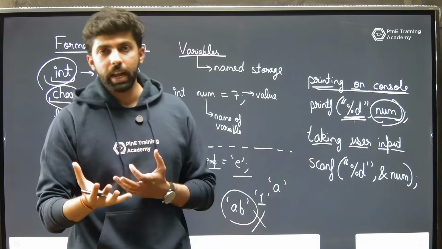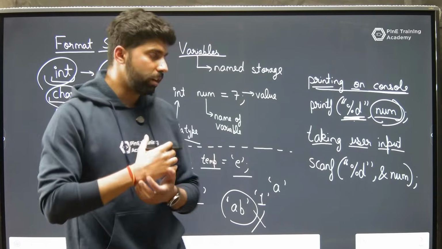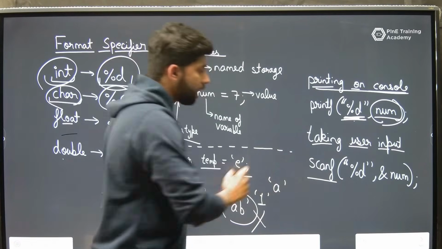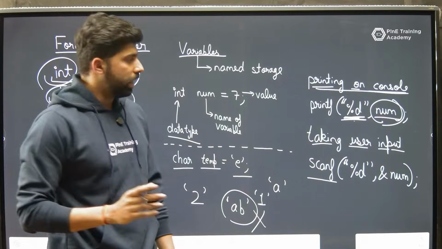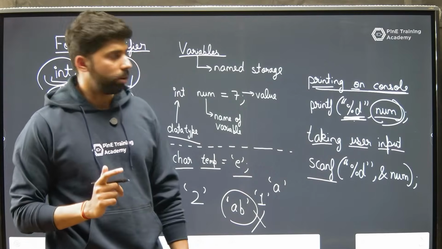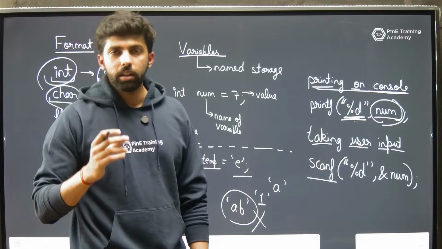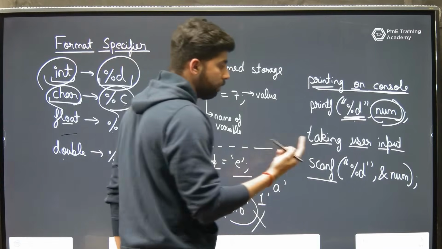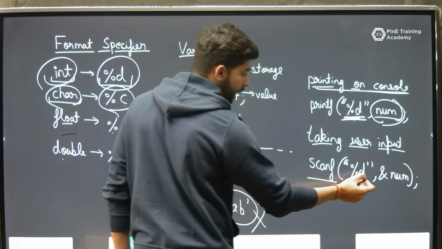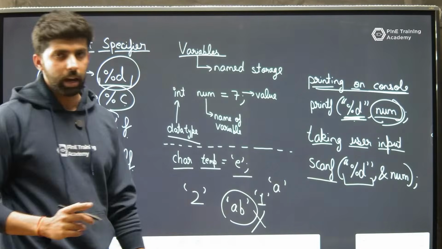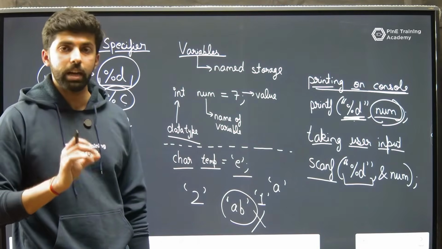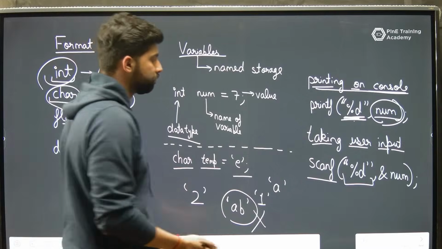And if you want to take input from the user, we use scanf in C language. Okay, so if I want to take a value inside a variable named num, I'll again use a format specifier. I'll tell the compiler I want to take the input in an integer variable.